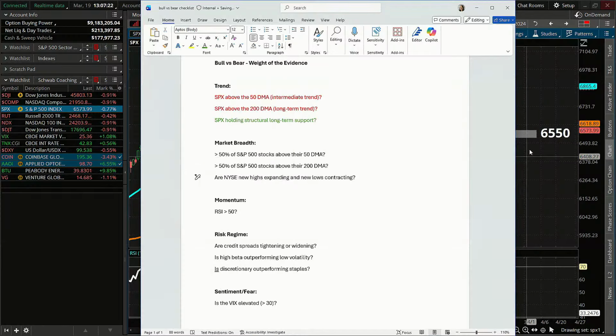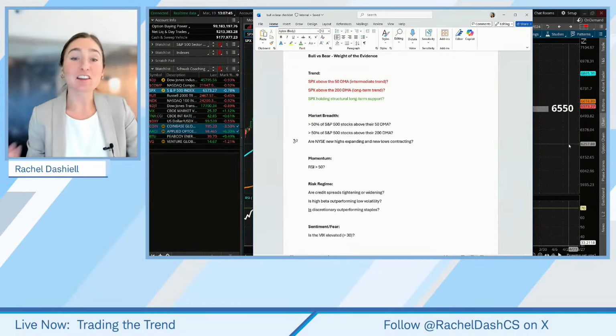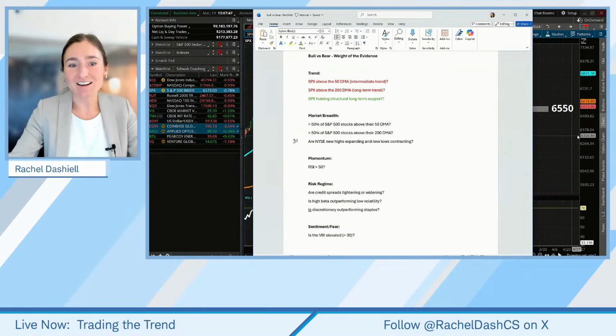Now, the next step that we're going to look at, the second pillar for really just applying this weight of the evidence approach, is looking at market breadth, because we know it's not just the stock market, it's a market of stocks. So we need to be able to look underneath the surface, see what this market of stocks, 500 plus stocks, according to the S&P, is doing here in this case.